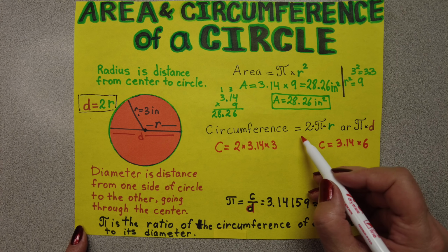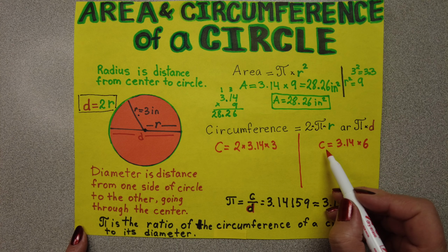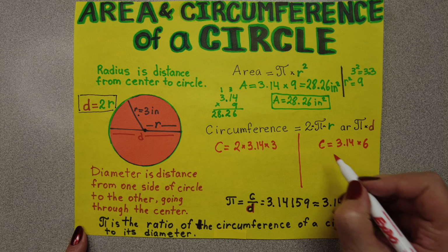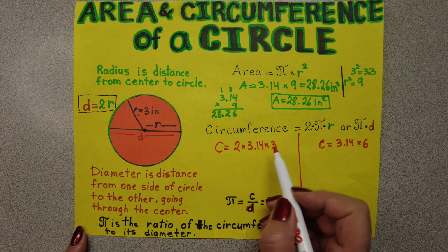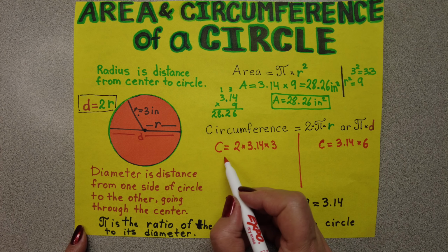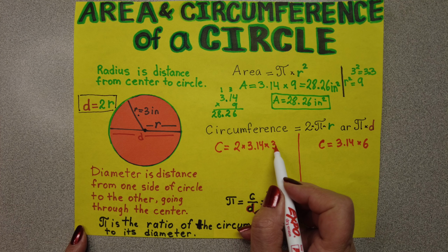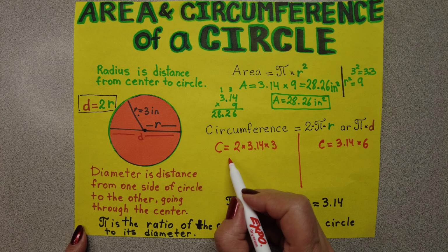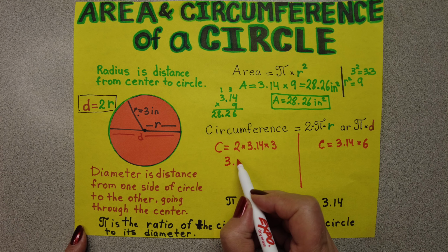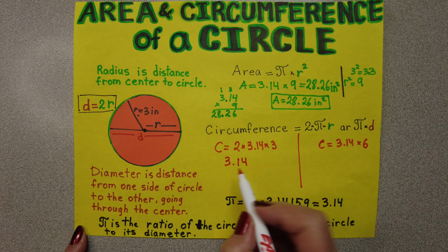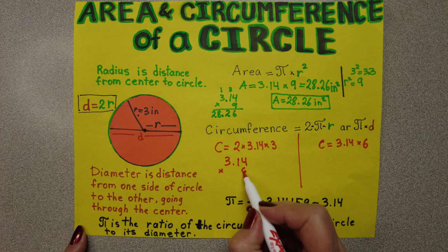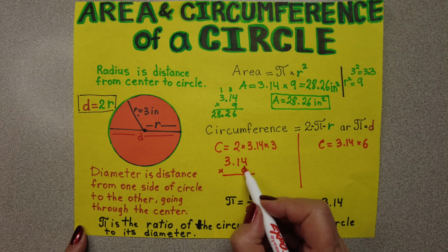In both ways we solve, we will get the same answer. Let's count this one. 2 times 3 is 6, so 3.14 times 6 will be equal.